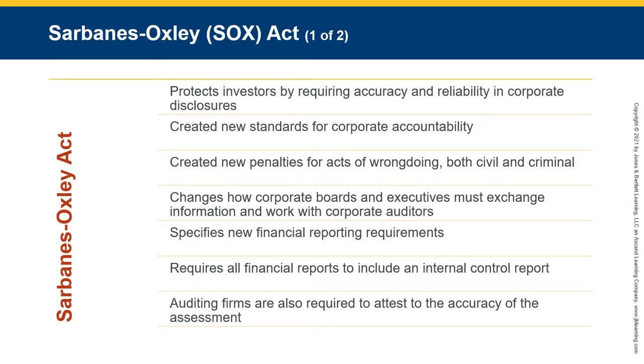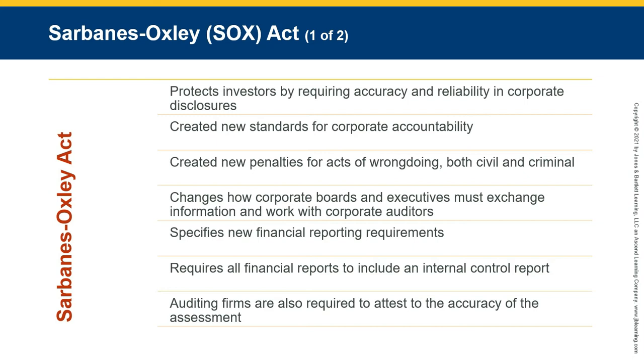The Sarbanes-Oxley or SOX Act protects investors by requiring accuracy and reliability in corporate disclosures. It creates new standards for corporate accountability and new penalties for acts of wrongdoing, both civil and criminal.